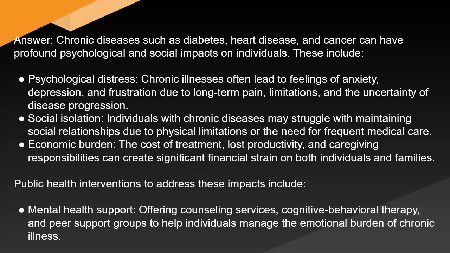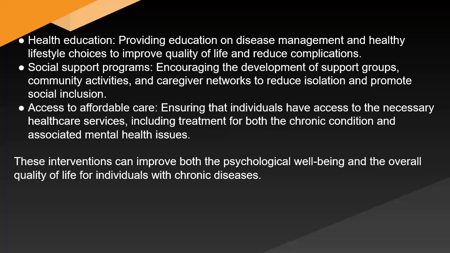Public health interventions to address these impacts include mental health support, offering counseling services, cognitive behavioral therapy, and peer support groups to help individuals manage the emotional burden of chronic illness. Health education, providing education on disease management and healthy lifestyle choices to improve quality of life and reduce complications.